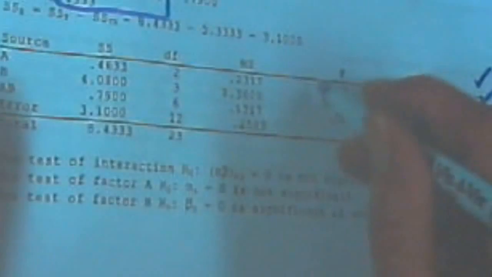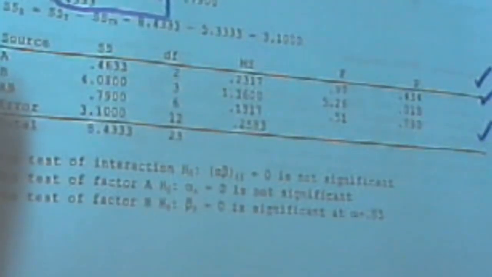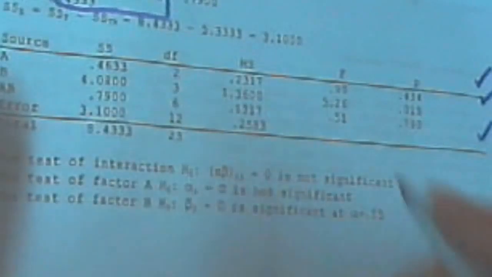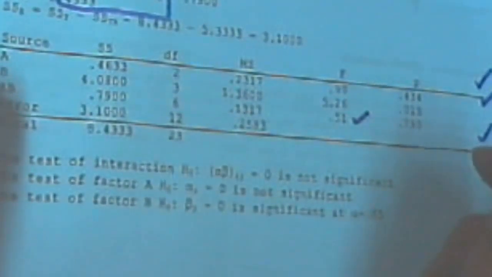Now, in testing these hypotheses, when there's 3 of them to test, my recommendation for you in this class is always test interaction first. Always test interaction first. So I'm going to look here at this one. Okay. The F statistic is 0.51.